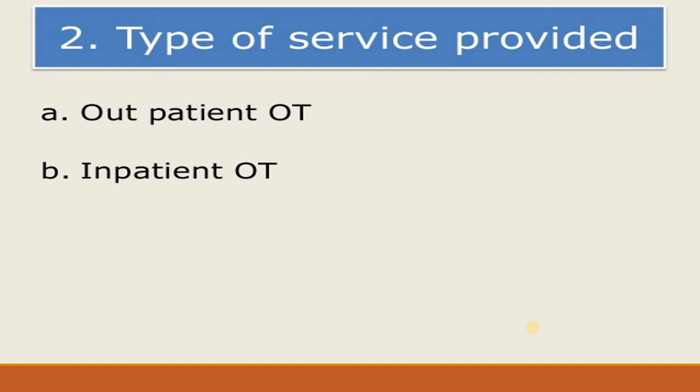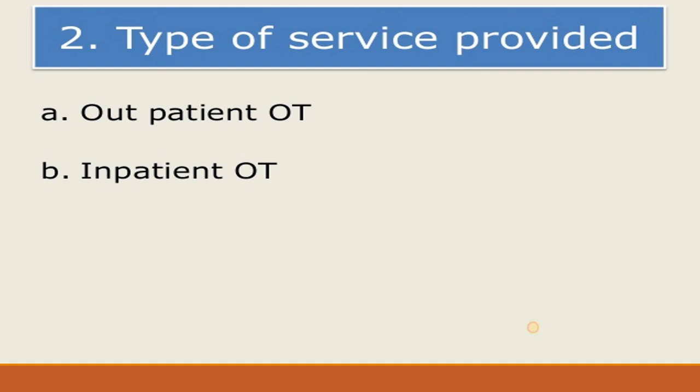Outpatients come for checkups, for example one outpatient comes to the OT only for dressing and after that he goes. Outpatient procedures that require a stay may be performed in an inpatient OT.